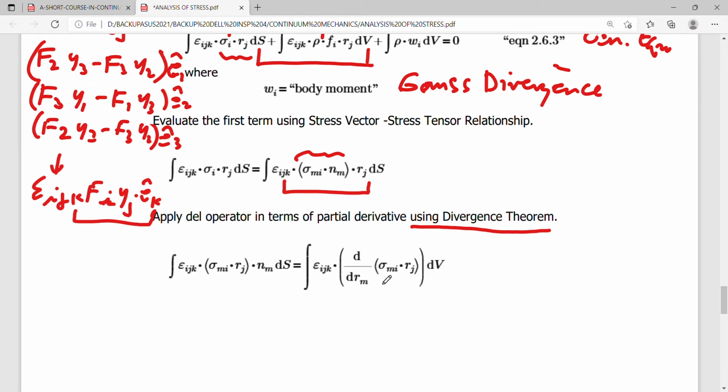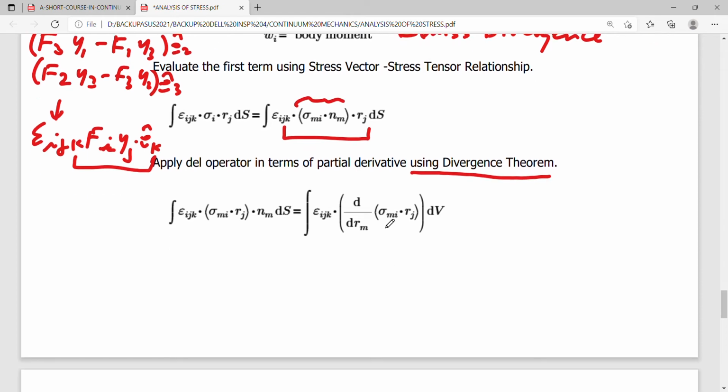And if I now consider a change in the quantity from a surface quantity to a volume quantity, I have to consider a derivative. Since these Rj's and Mi's are functions of position, they are both spatial dimensions. Therefore, this is simply a partial derivative of a product with respect to Rm. So I will be using the sum of the partial derivatives.